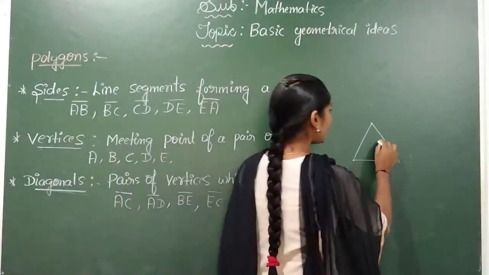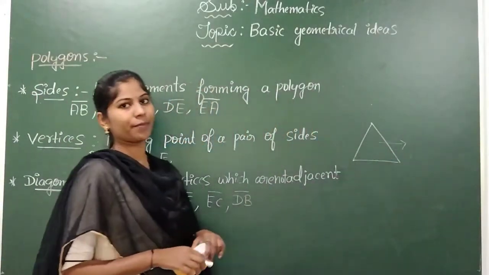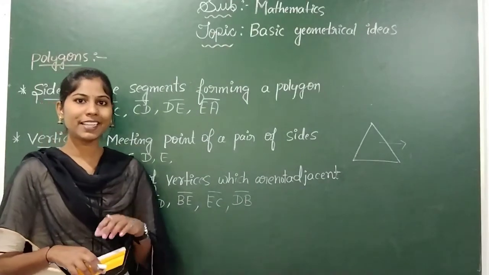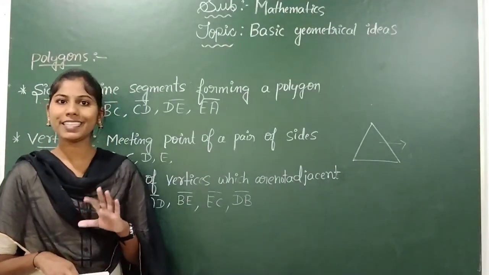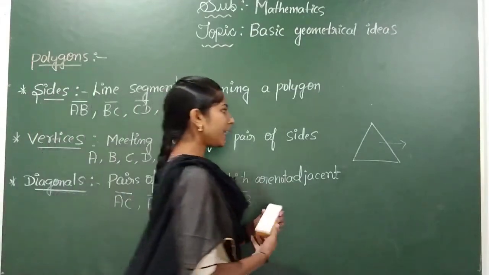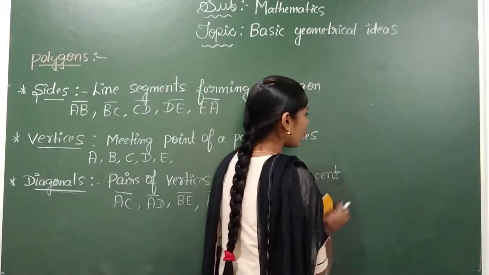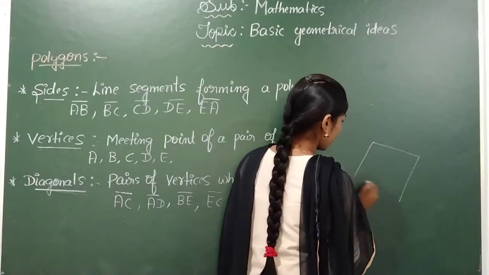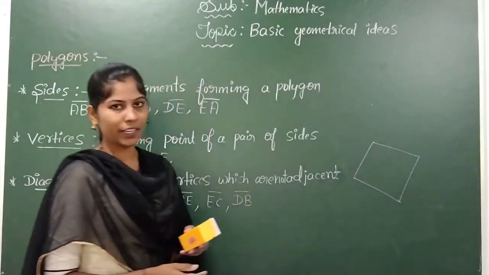What is the name of this polygon? Triangle. So a polygon made by 3 line segments or 3 sides is called a triangle. If it is made by 4 line segments, it is called a quadrilateral.